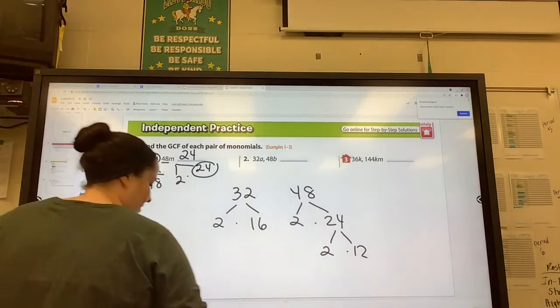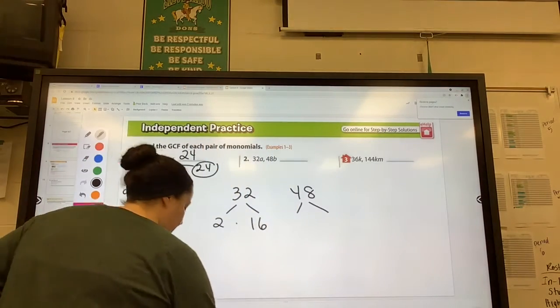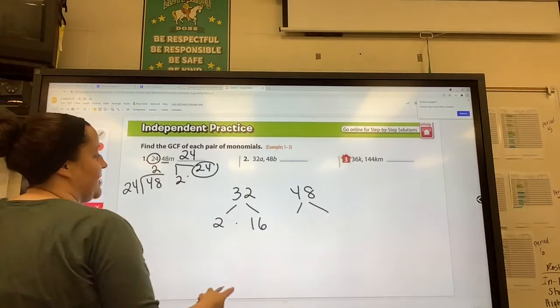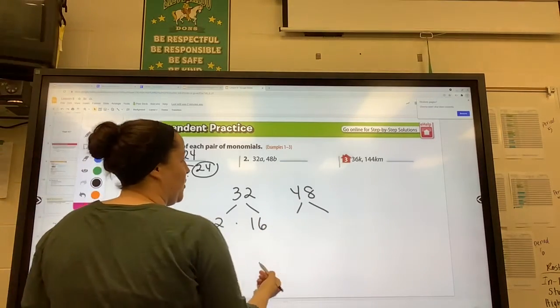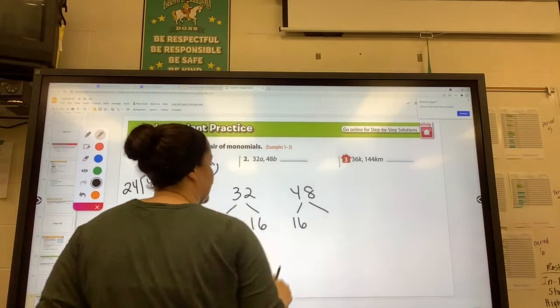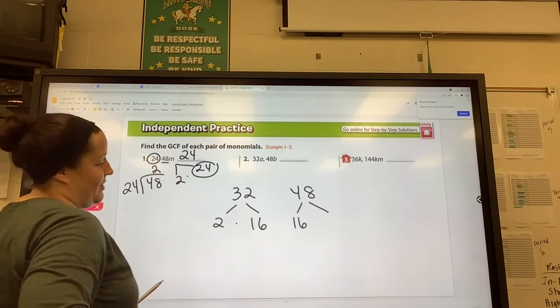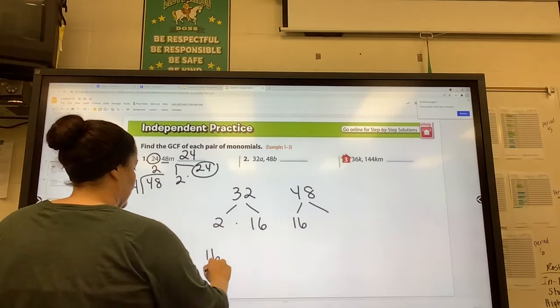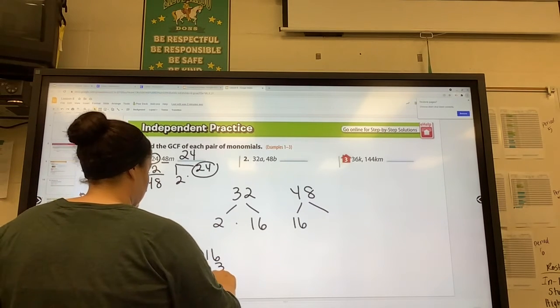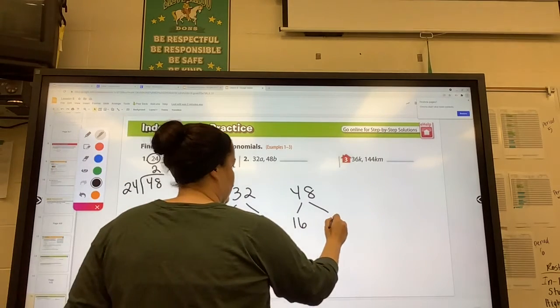But what you might realize when you've gotten to this point, and you've started with 1, you might see, oh, 16. I know 16 goes into 48. So you could divide 48 by 16 and see if you get a whole number. And you do. It's 3, right? 16 times 3 is 48.